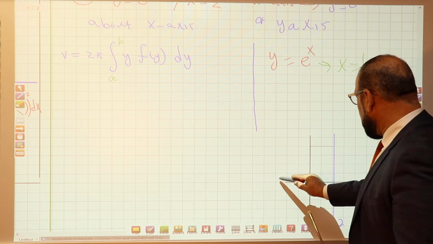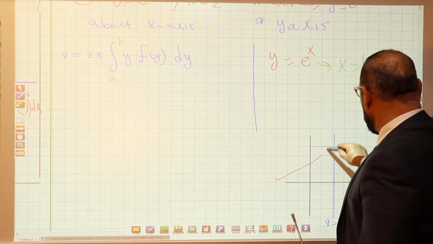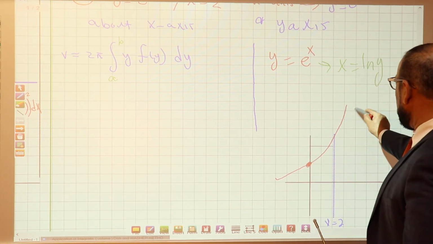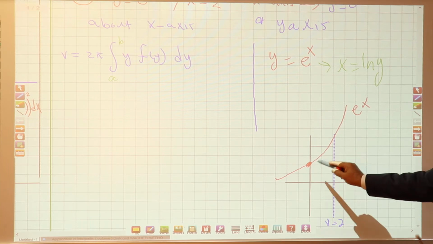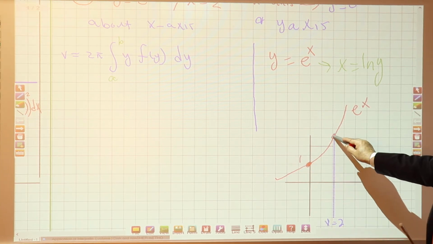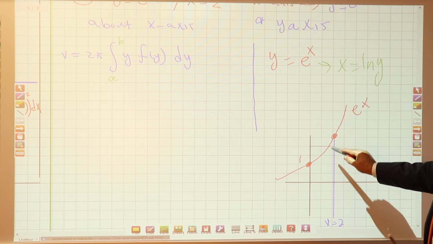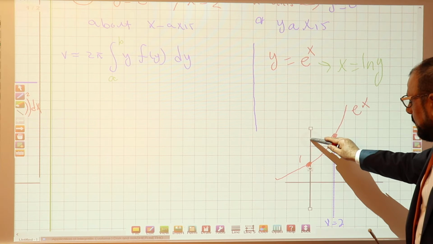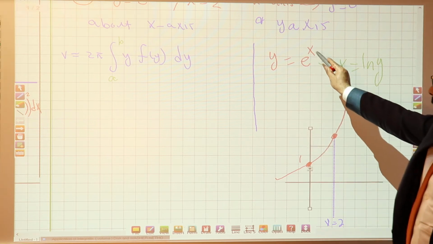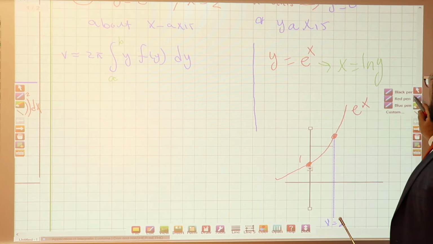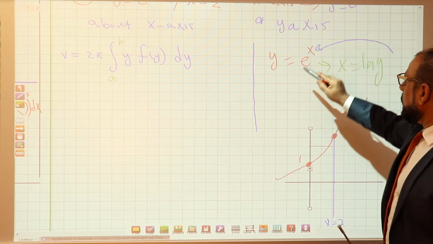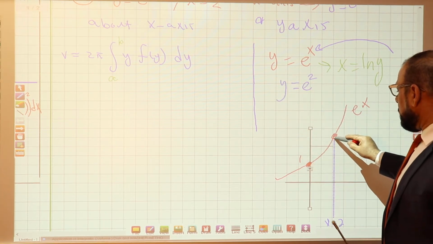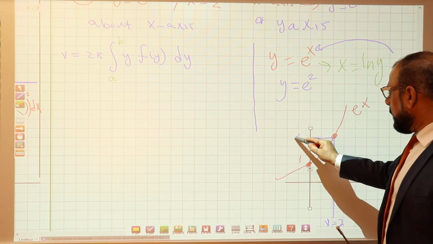The graph of y equals e to the x goes like this and goes up. The intersection between e to the x and the y-axis is 1. We need to find the other point: when x equals 2, y equals e squared. Then my integration is from 1 to e squared.